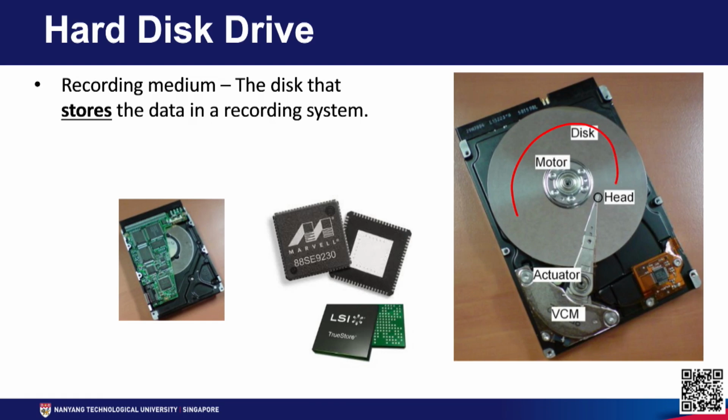So this is the disc that stores the information, and here you will find the head. This head is the one that reads and writes the information. Okay, so as I mentioned, the disc will be rotating and the head will be going between the inner diameter and outer diameter. So it can read or write over the whole disc.